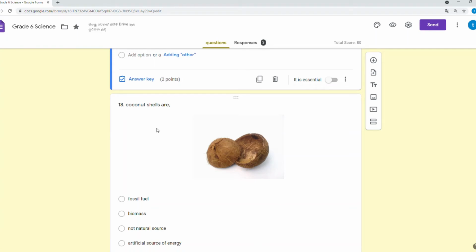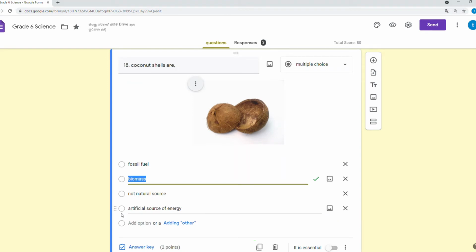So according to that, coconut shells are biomass, not a fossil fuel. What is a fossil fuel? For the formation of fossil fuels, we need millions of years. Once we complete our life cycle, our dead bodies get decomposed, and finally we form the fossil fuel. But the coconut shells we can use at this moment, so it is biomass.